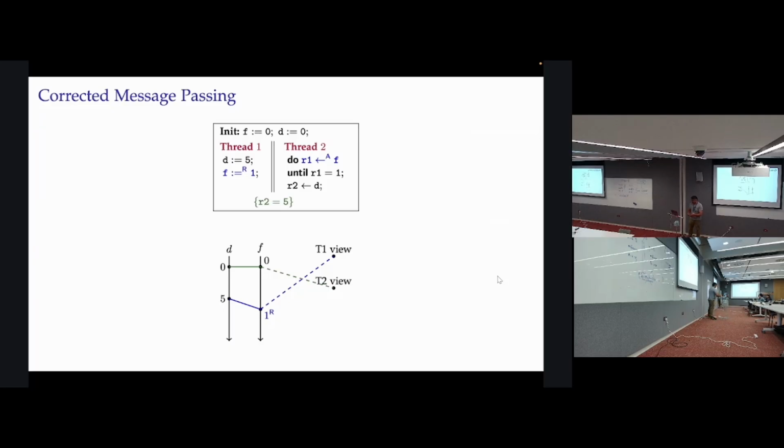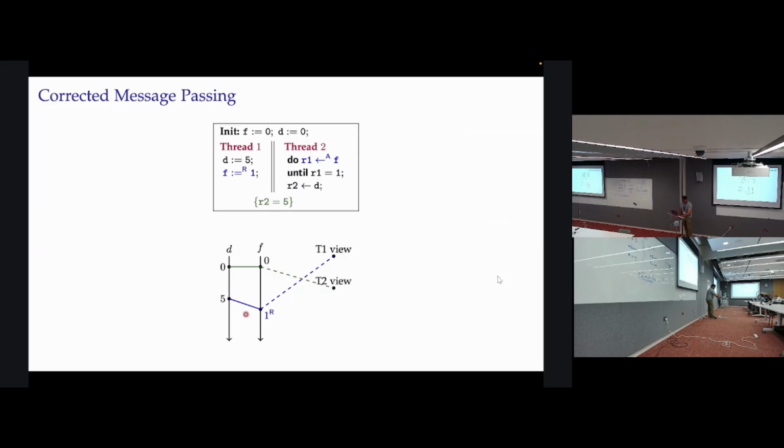So when you perform this write of a value that is releasing, it's tagged with the releasing tag, but it also has a record of the view of the thread that executed that write. So it's got a record that D is 5, because that's that thread's view.